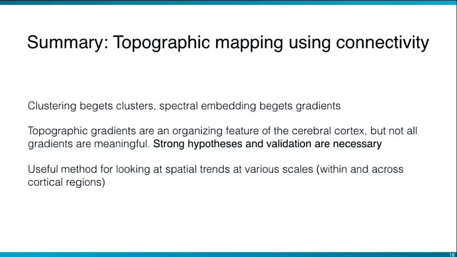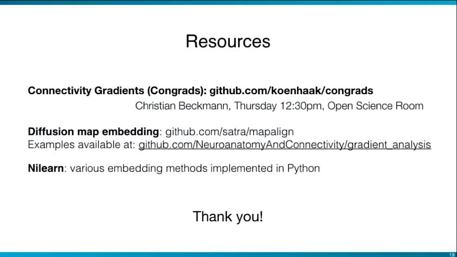But these are useful methods for looking at trends in connectivity patterns or any other feature of the cortex across space at various scales. One can look at transitions between specific regions, one can look at changes within areas, and one can also look at these large-scale patterns and how connectivity patterns vary across the cortex.